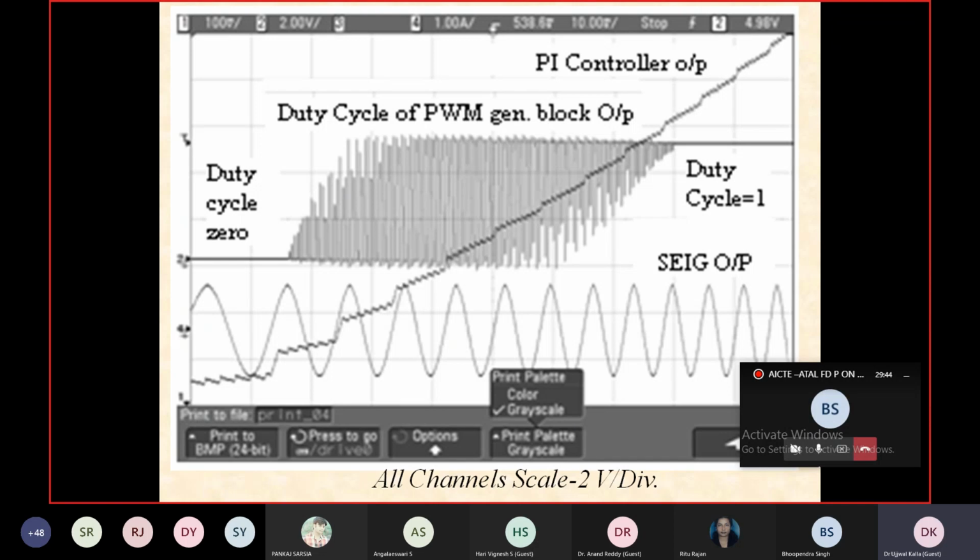So in this scheme, we are maintaining a constant frequency so that the magnetization curve will not be shifted in any direction. Definitely it will significantly improve the stability of my system. That was the major claim. When the system frequency has been made constant, the voltage automatically becomes constant.